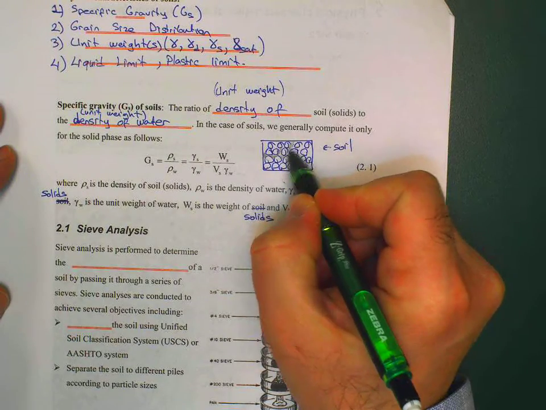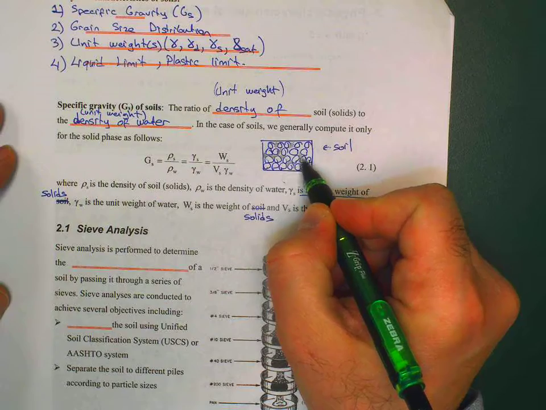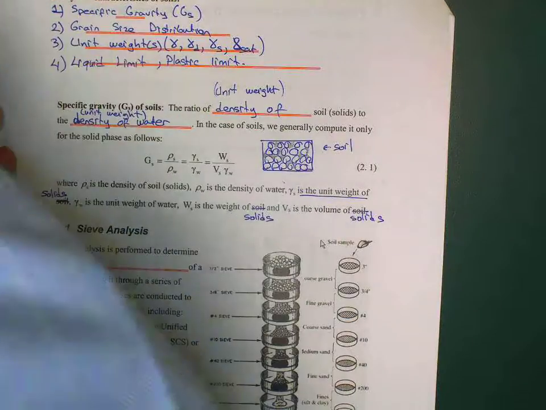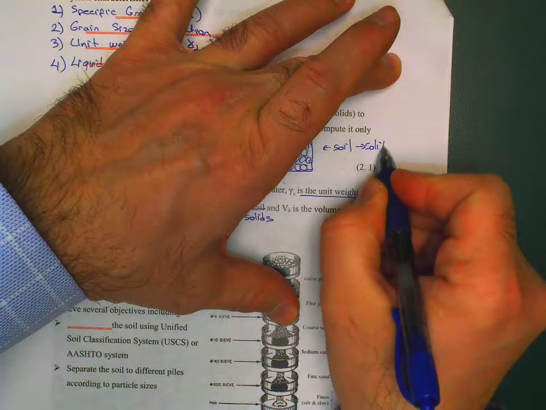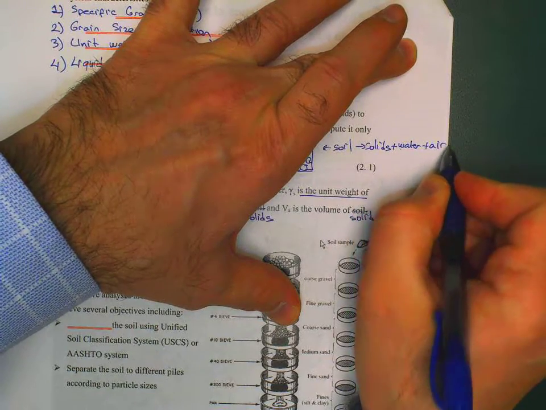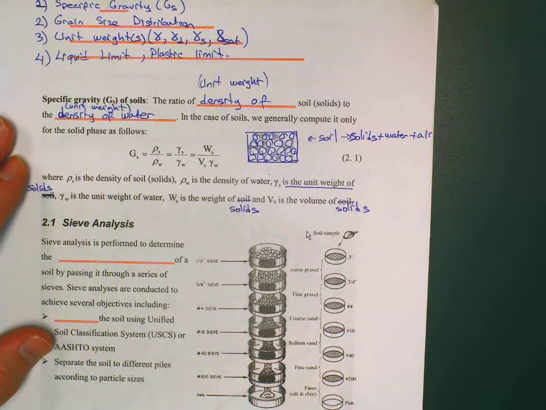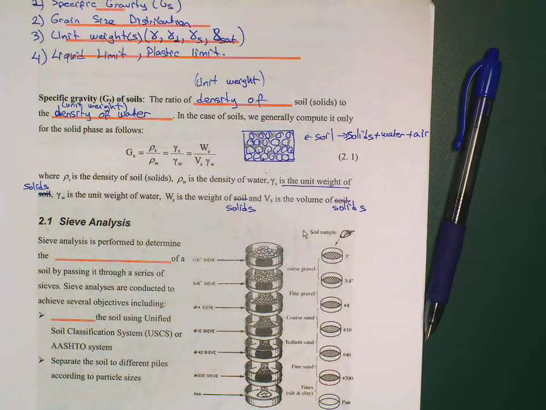Let's say this black area in between the grains, there's some water. Okay? So the soil is composed of solids plus water plus air. We're going to talk about that. You know about phase diagram, so I'm not going to spend too much time here, but the soil is composed of solids, water, and air.